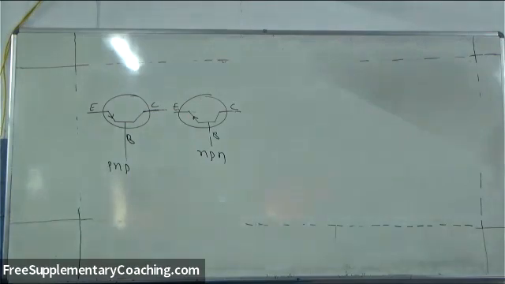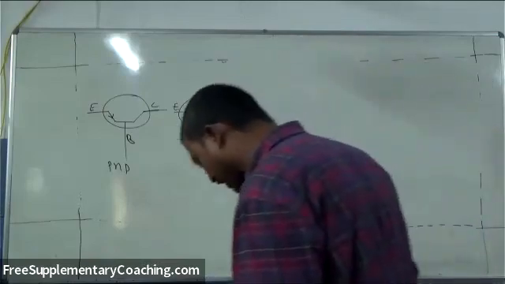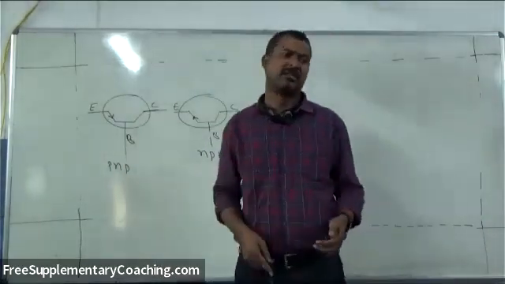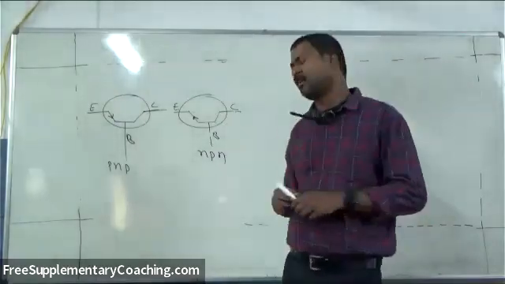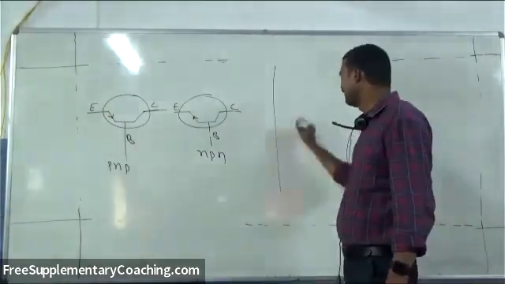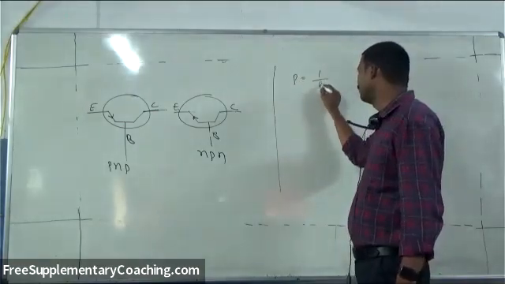So finally, from ray optics, the first question is, define the power of a convex lens. Power P is equal to 1 upon focal length.